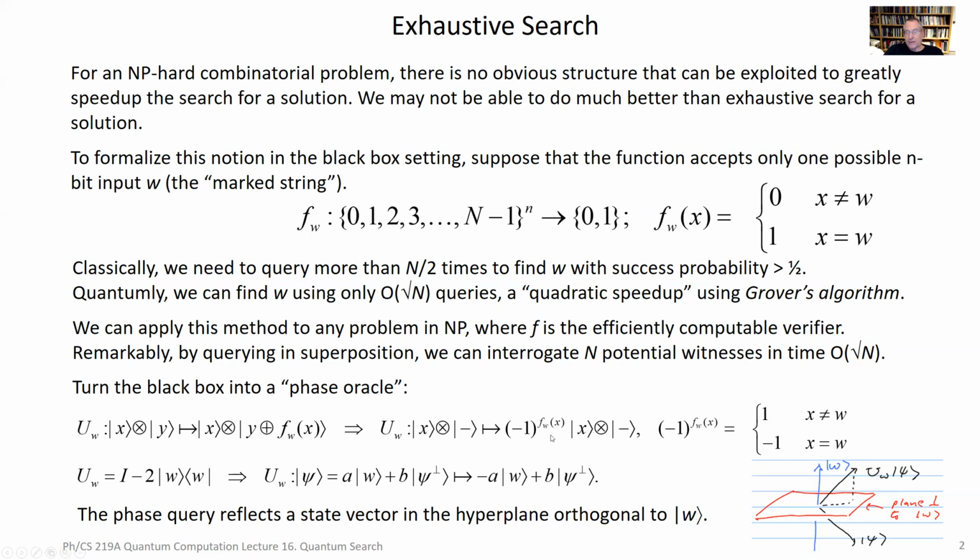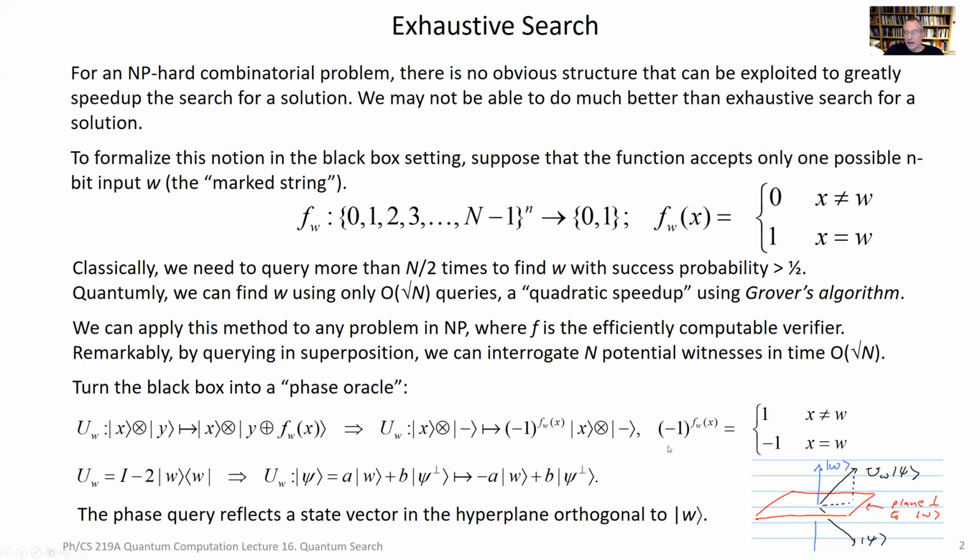Namely, it flips the phase if f_w of x is equal to 1, and it doesn't do anything if f_w of x is equal to 0. So we can forget about the answer register now because it's always going to be in the state minus, and just pay attention to the input register.